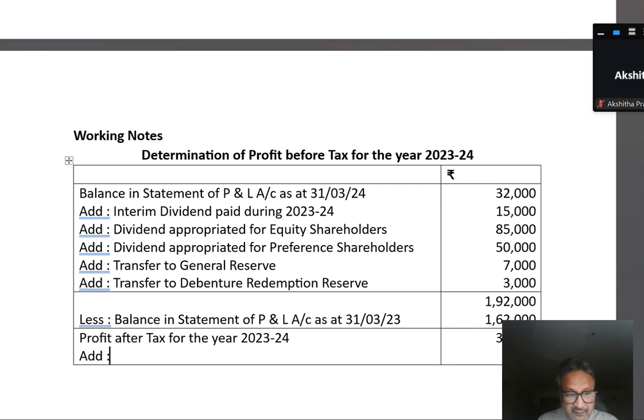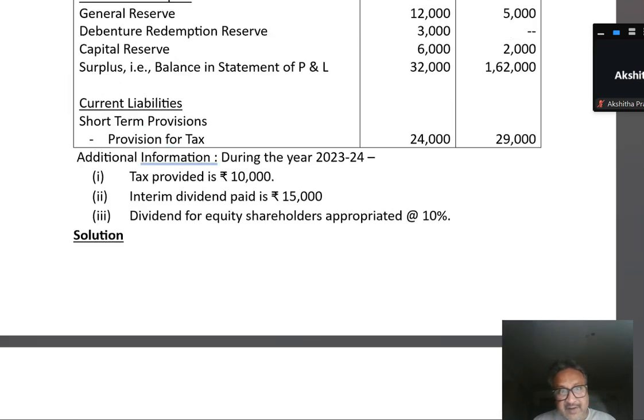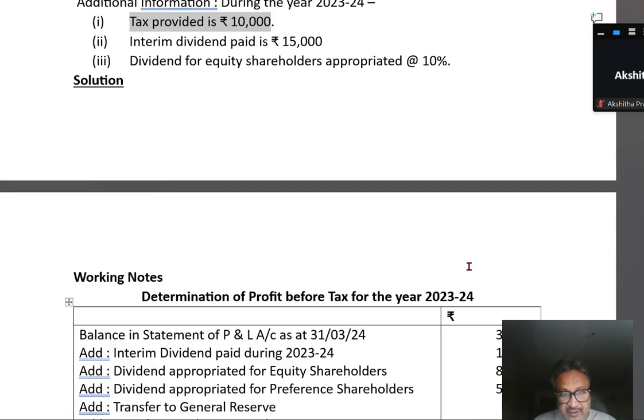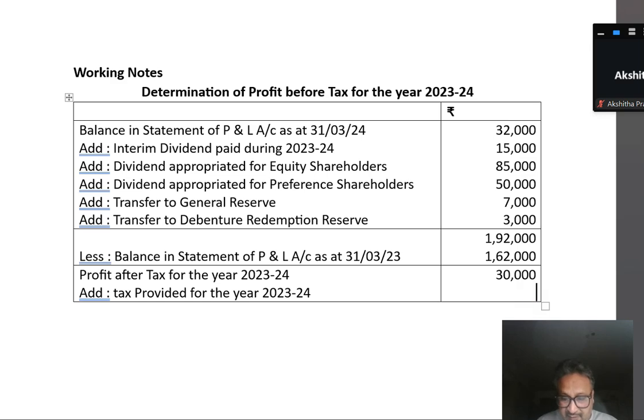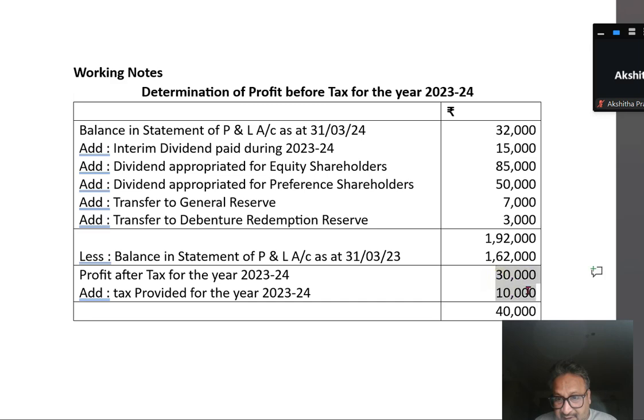To this, we add tax provided for the year 23-24. And that is given to us in the question, that is 10,000. So now the amount that we have got, 30 plus 10, 40 is our profit before tax for the year 23-24.